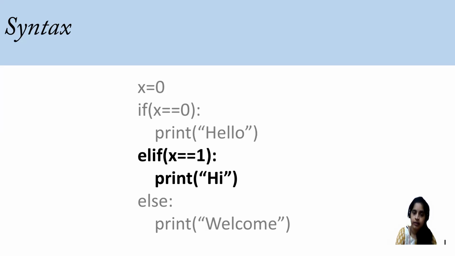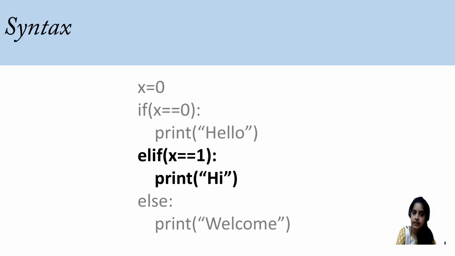Now, assume x is 0. In that case, hello will be executed. If x was 1, then this condition would be false, so it would come here and check if x is equal to 1. Then it would print this. If none of these conditions were true, that is x was neither 0 nor 1, then the else statement will be executed.